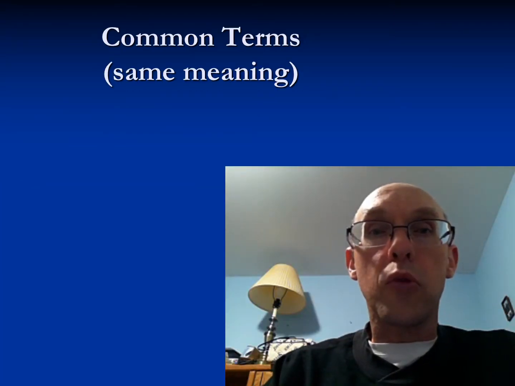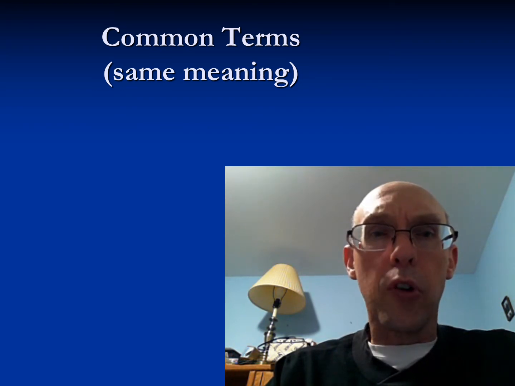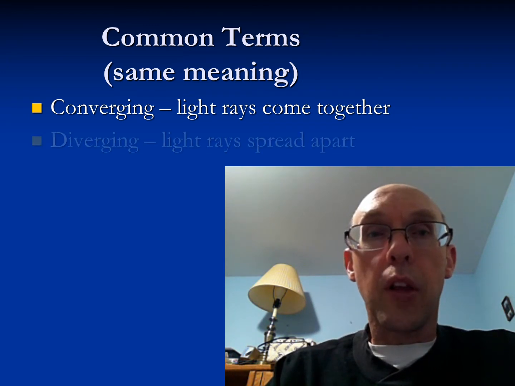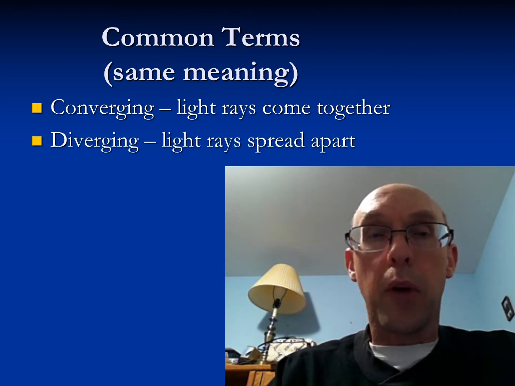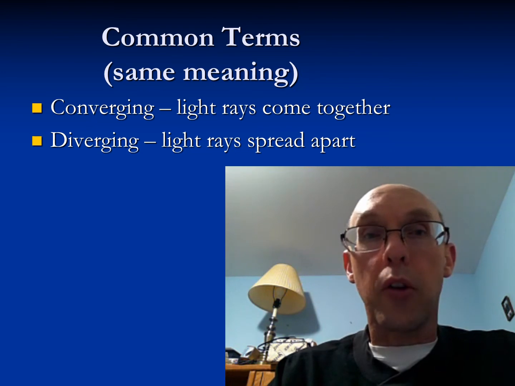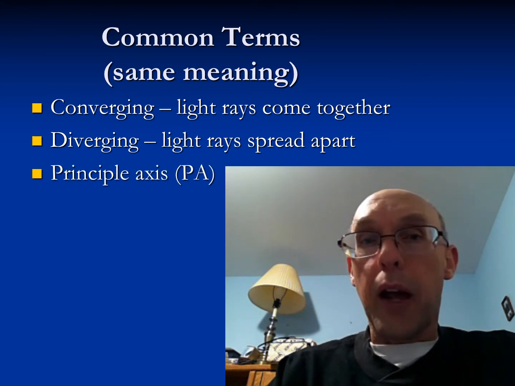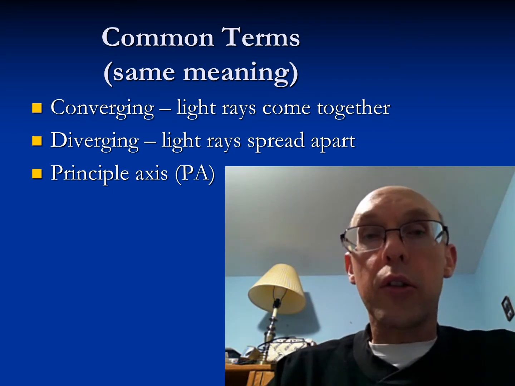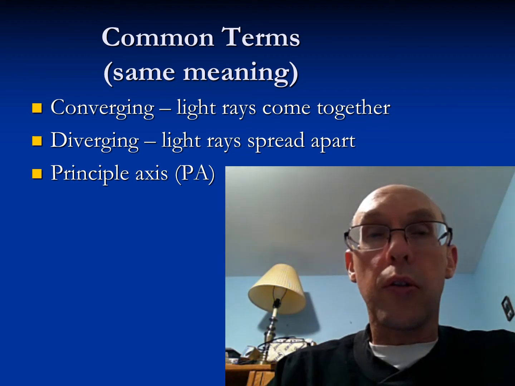Some common terms which have the same basic meaning as they did for mirrors. First, we have converging, meaning light rays come together, and diverging, meaning light rays spread apart. Exactly the same as we had for mirrors. The principal axis is exactly the same. It's a line perpendicular to the lens.